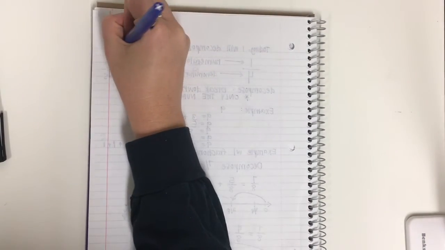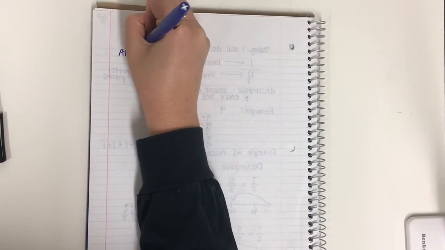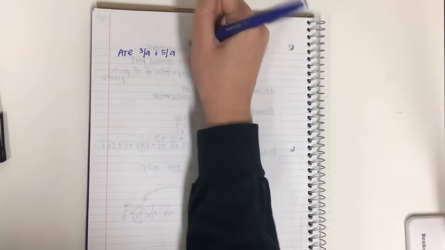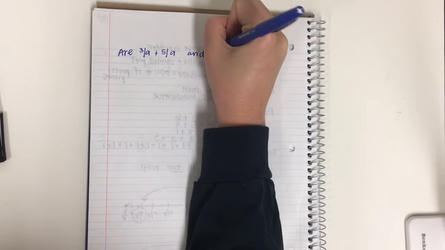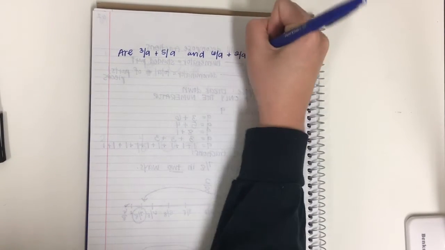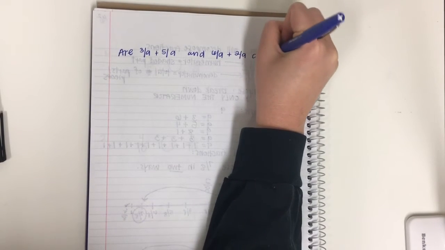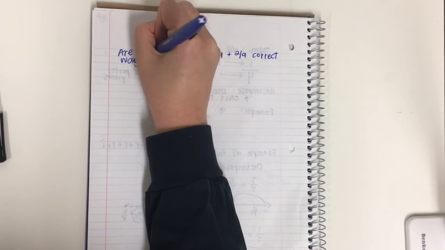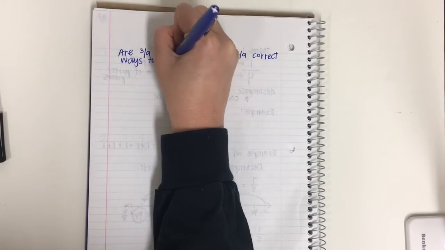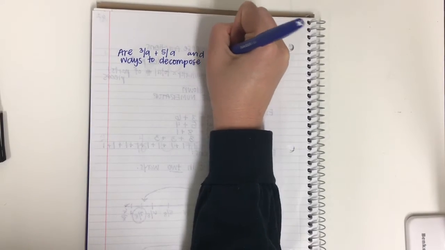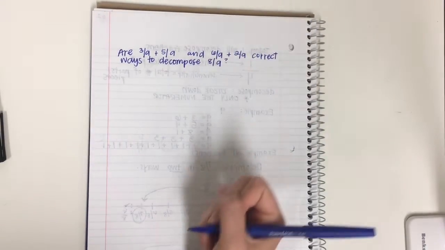Okay, let's do our 3/9 plus 5/9 and 6/9 plus 2/9, correct ways to decompose 8/9.